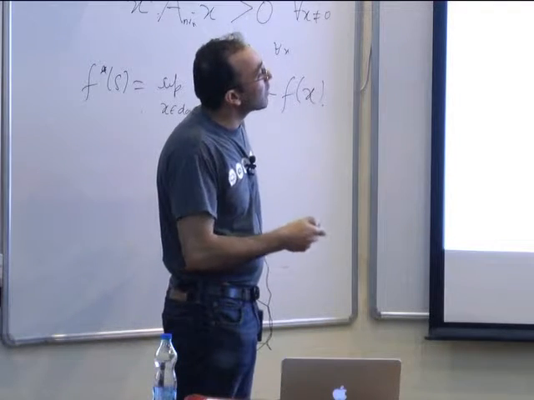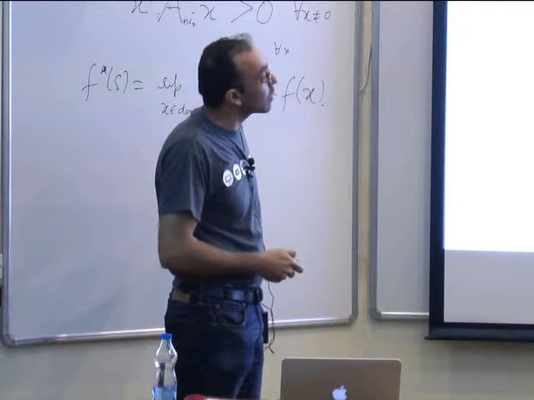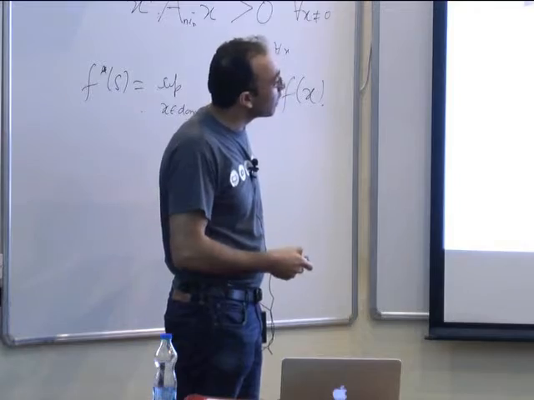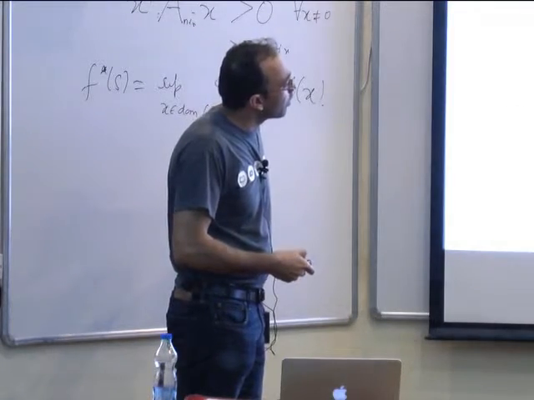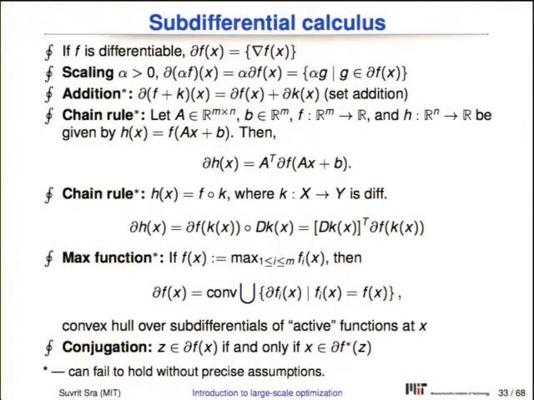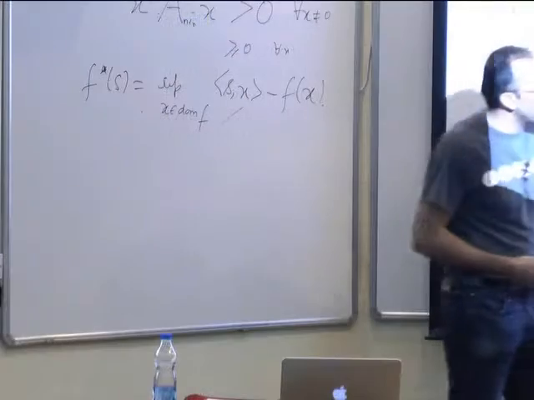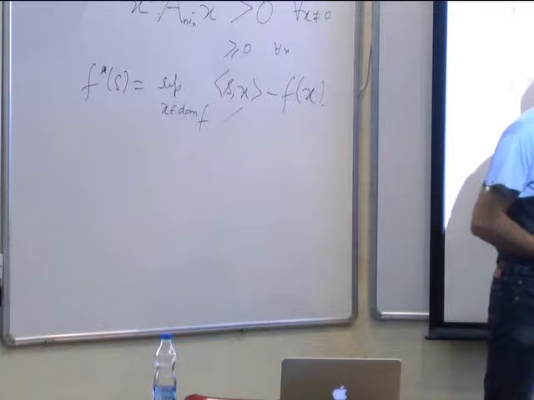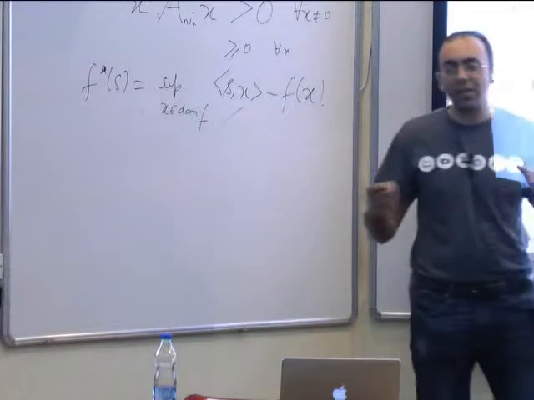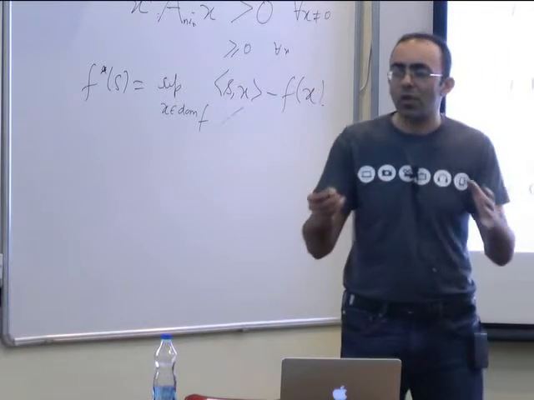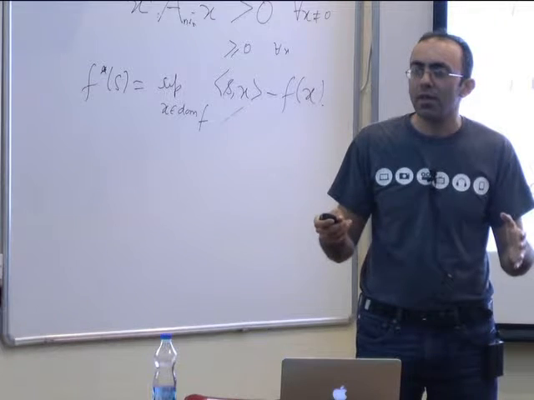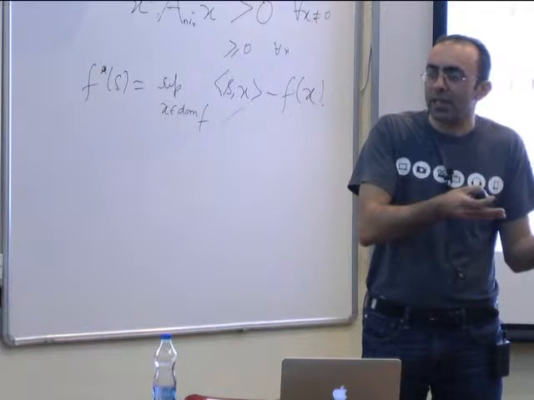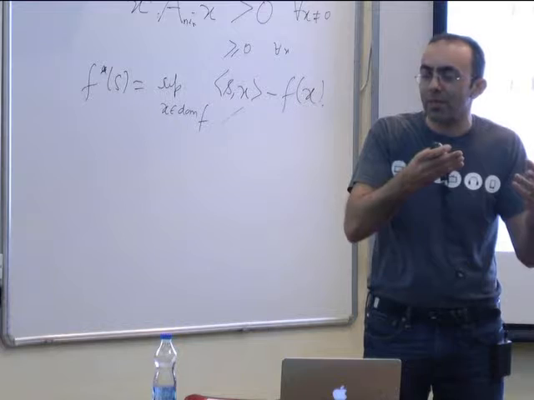Well, this is a max over some finite number of terms. The max rule says, let me actually painfully point out the max rule: the subdifferential is the convex hull of the subdifferentials of all the active functions. When you have a max over several functions, one of those will attain the max, as we saw in the max example.